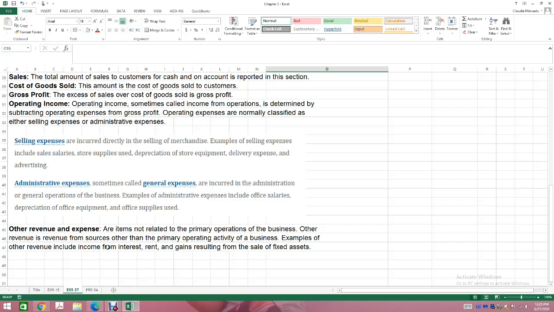You're renting it out and generating income from that rental. Or you can have money invested or interest. Anything that results in money being generated outside of the regular operations of the business will fall under other revenue and expenses.